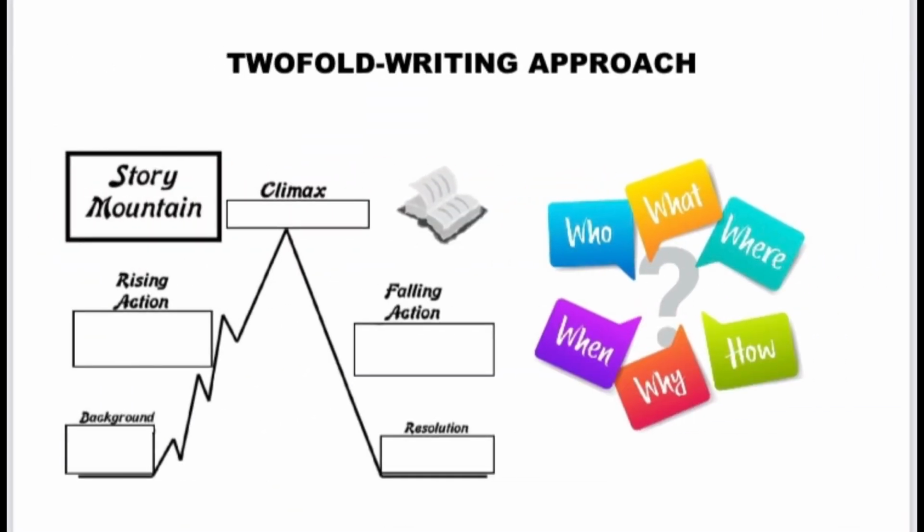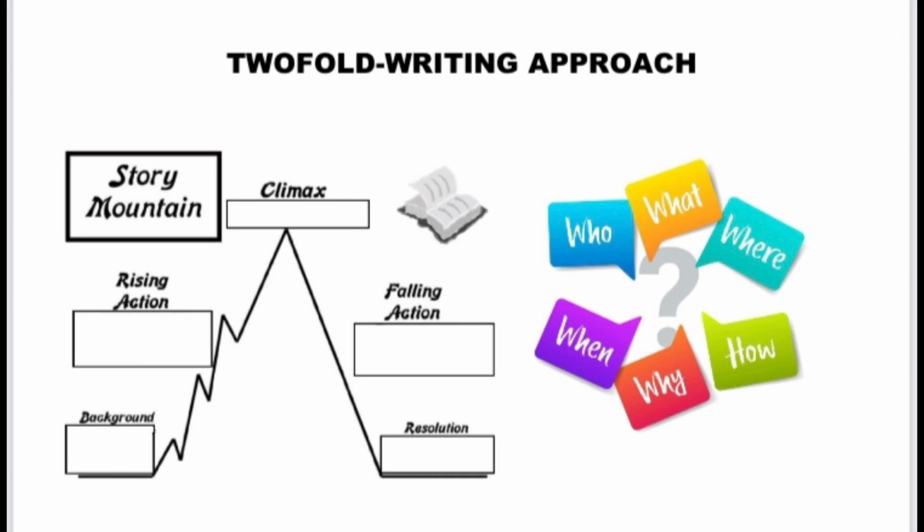To write a story, you need a story mountain like this. So we have 5 points: background, rising action, climax, falling action, and resolution. Expand your points using the WH questions. How many questions? Perhaps 4 or 5.